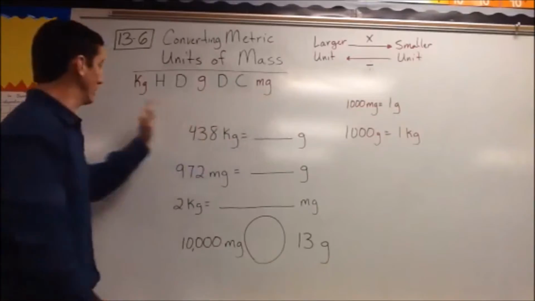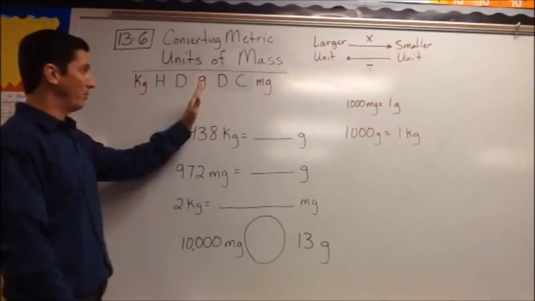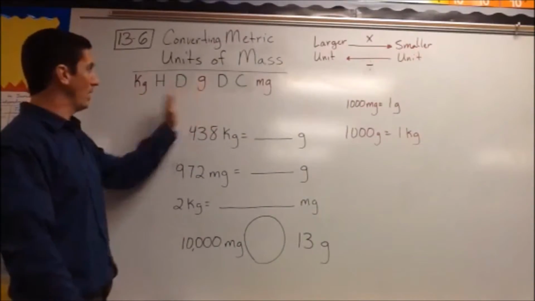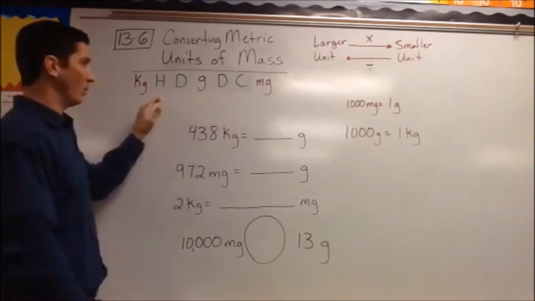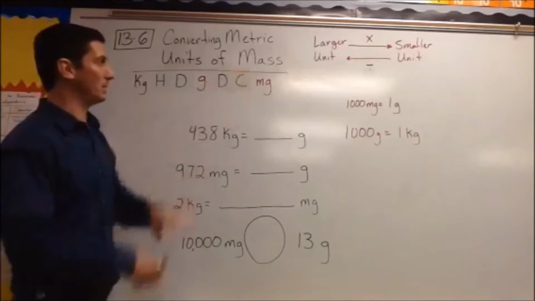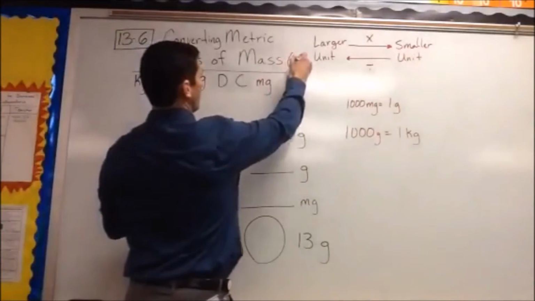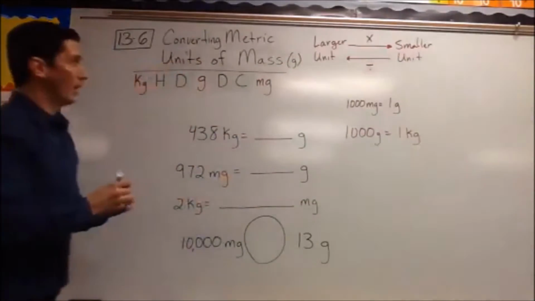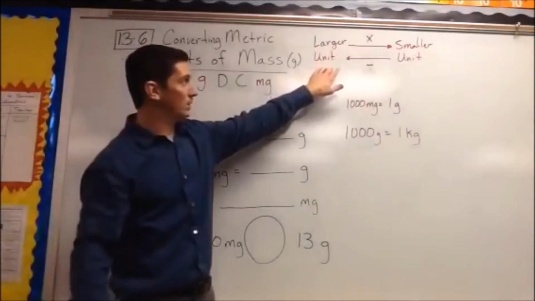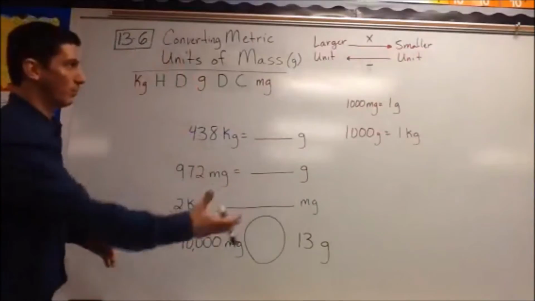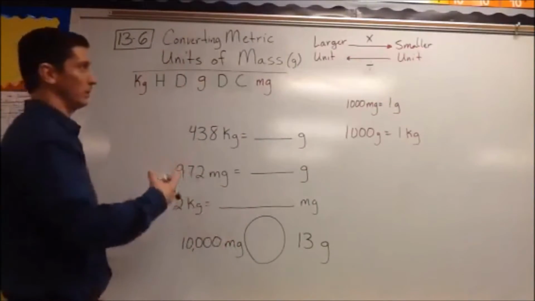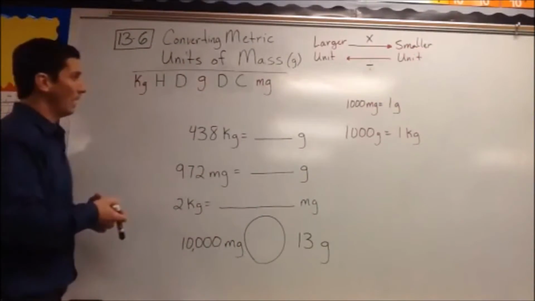We're still sticking with King Henry died unusually drinking chocolate milk, but we're working with grams, mass, so maybe I should put grams up here. Still using the same ideas as before: larger to smaller, multiply; smaller to larger unit, divide.